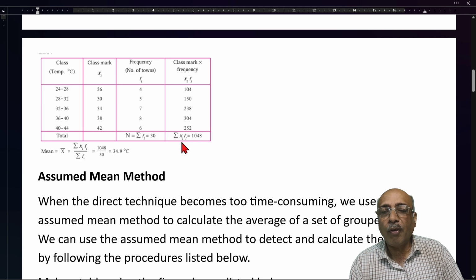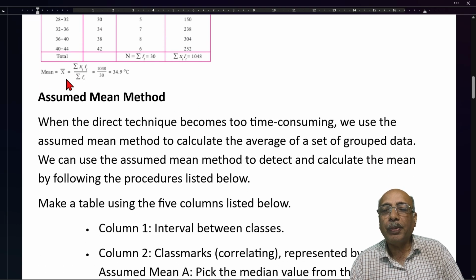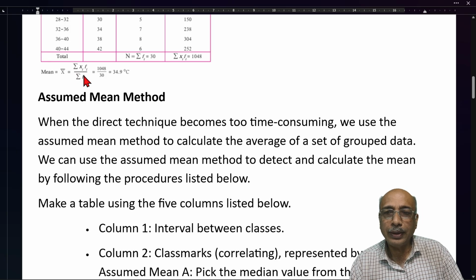So the sum of xi fi equals the sum of all the numbers in this column. So you will get 1048. Mean x bar by direct method, that is the sum of the scores, that is sum of xi fi upon sum of fi, frequency n, equals 1048 upon 30 equals 34.9 degrees Celsius.